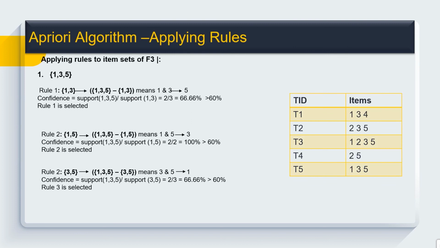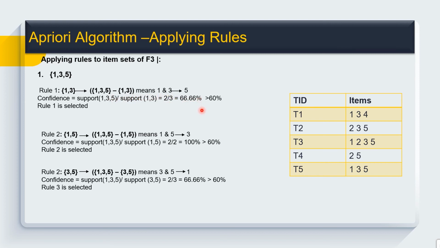Applying rules with item sets of F3, we get rule 1, which is 1,3 gives 1,3,5 and 1,3. It means if you buy 1 and 3, there is a 66% chance that you will buy item 5 also.